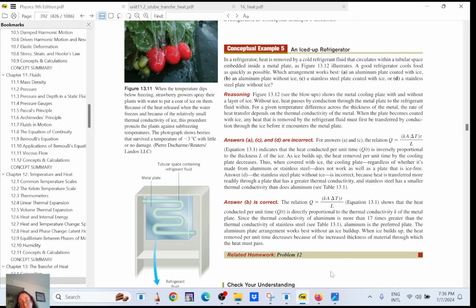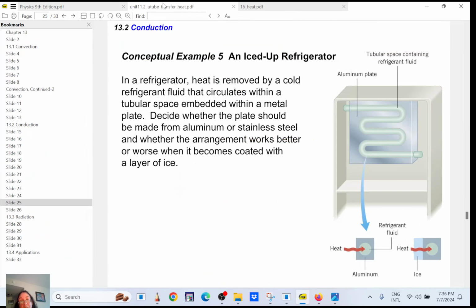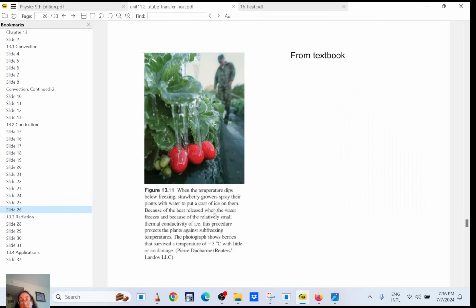Another example from your book, which also is very interesting, is, okay, sometimes the farmers, when the temperature goes below freezing, they will spray strawberries with water because water will freeze, so it will turn to ice. So two things will happen.